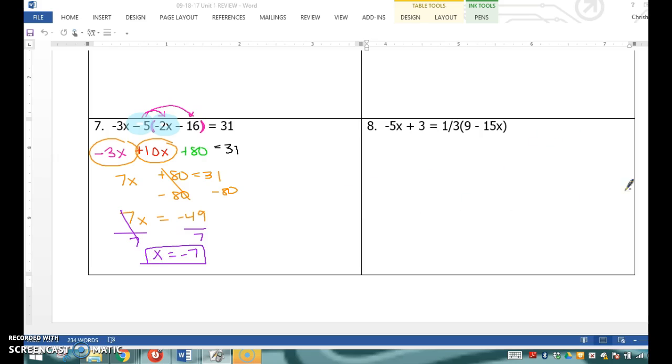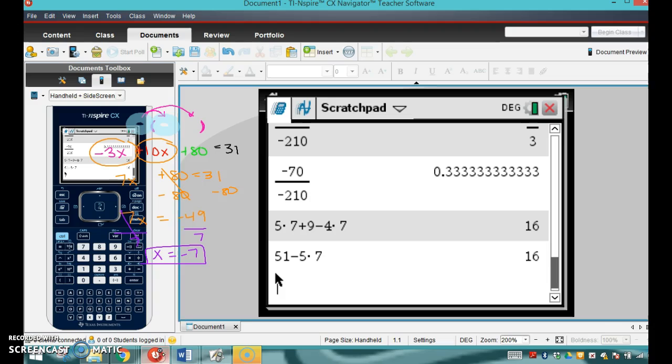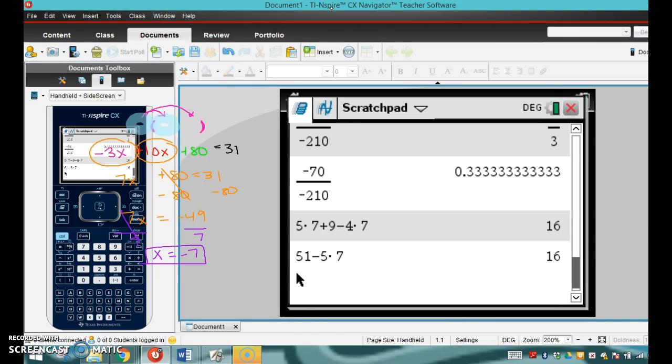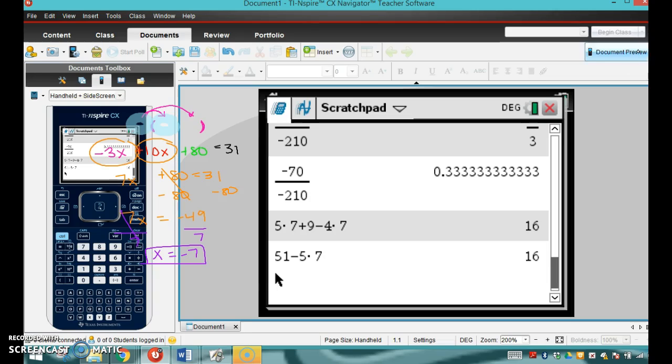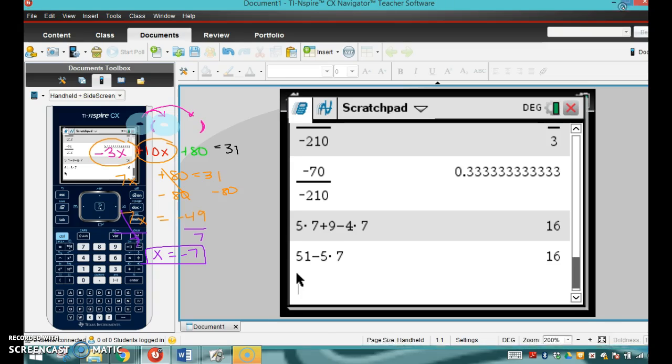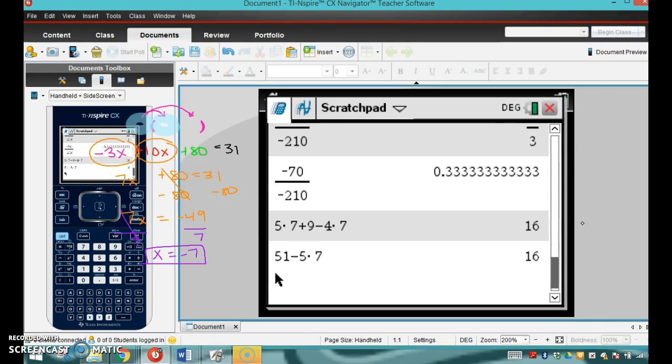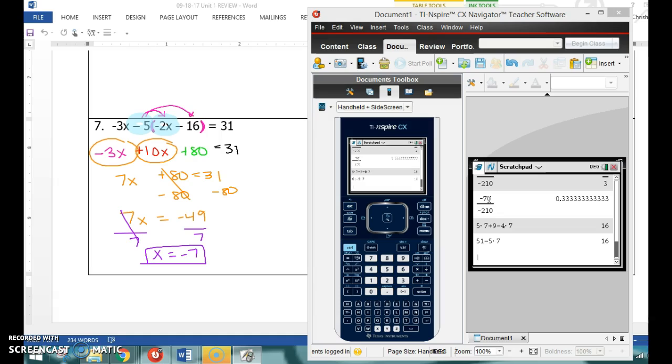I'll show you how to use the calculator on this one too. Why don't I keep it like this so I can actually see the problem. Hold on one second. Okay, that's better. All right, we're going to use substitution. X is negative 7.